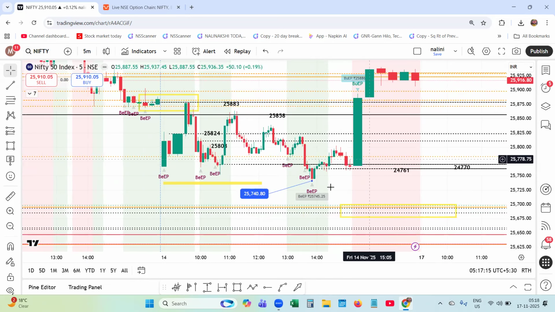And automatically, when it enters into this area, the red zone starts plotting. That means the institutional buyer has started his bus to make it very costly.